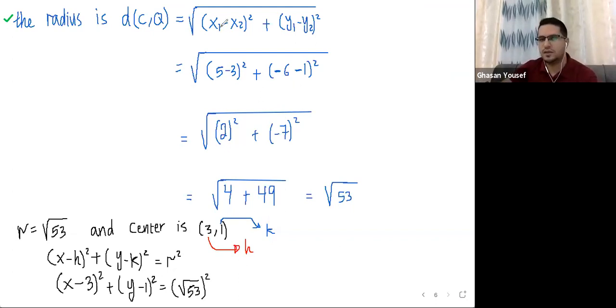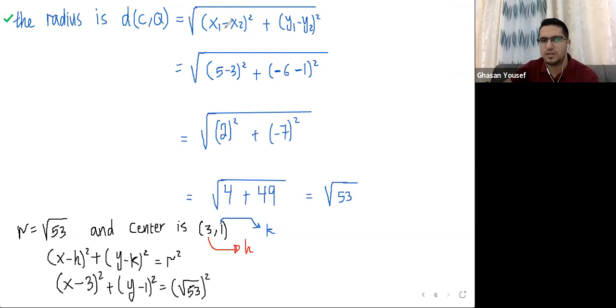It doesn't matter here if you start from x2 minus x1 square or x1 minus x2 square. Why? Because of the square, it changes the sign. If it's negative inside, it will be positive. If it's positive inside, we keep it positive. Doesn't matter which one I start, x1 minus x2 or x2 minus x1.